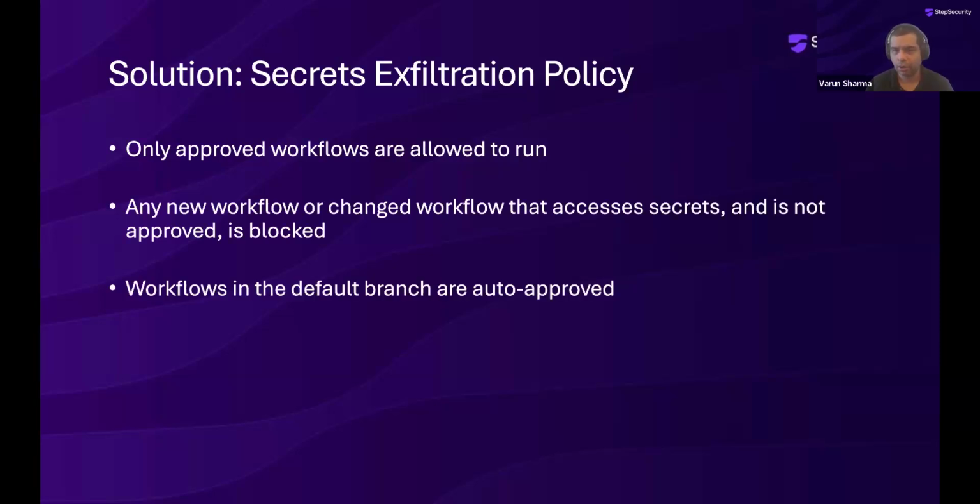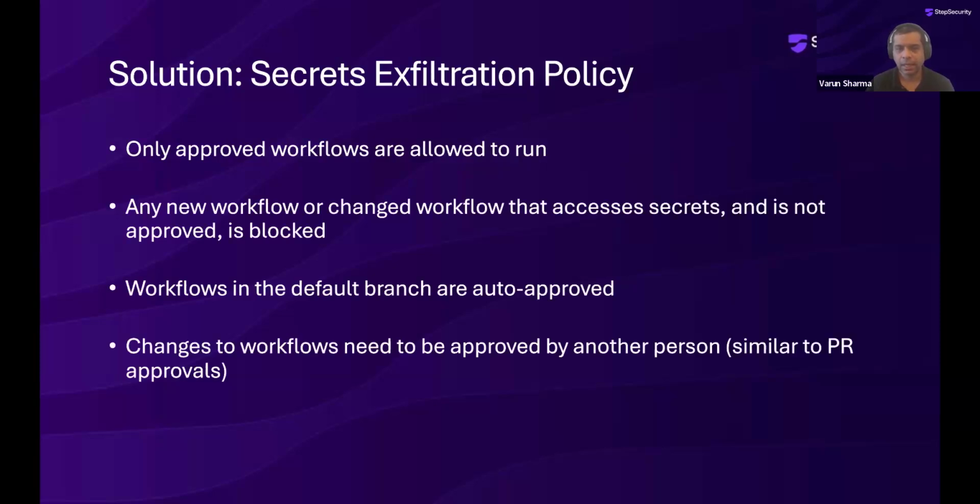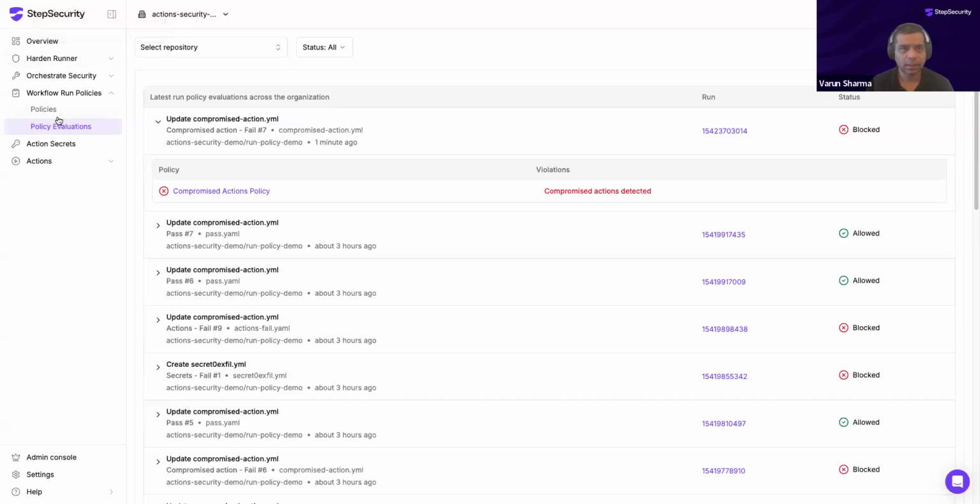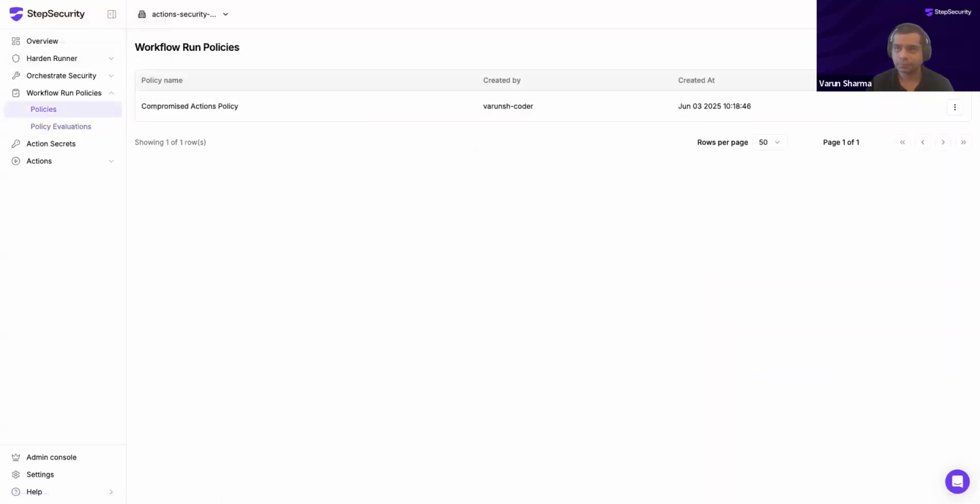And workflows in the default branch are automatically approved because the assumption is that there is branch protection set up and someone must have reviewed those workflows before they are merged into the default branch. And so changes to workflows need to be approved by another person, which is similar to a pull request process. So now let's look at a demo of the secrets exfiltration policy in action.